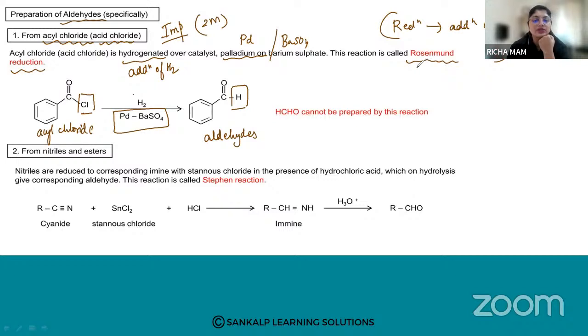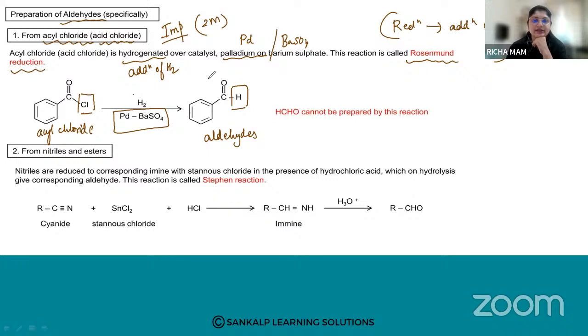The question can be: explain Rosenmund reduction with example, or prepare aldehyde from starting product acid chloride. You have to prepare it both ways.